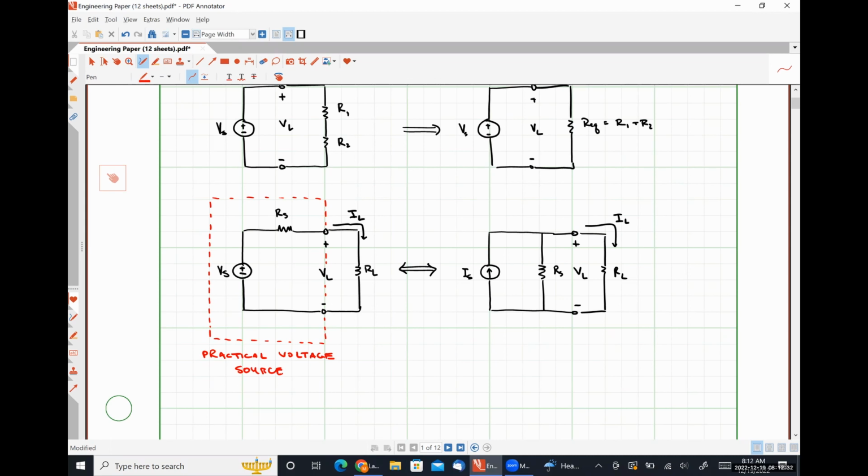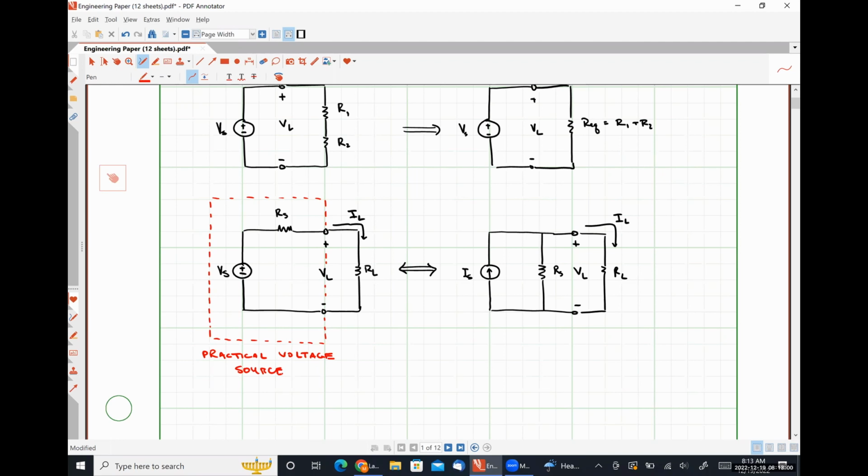So to this point, we've said that any DC voltage source can be modeled with an ideal independent voltage source. Now, there is a slight problem with that. An ideal independent voltage source is capable of pushing out an infinite amount of current, regardless of what the voltage drop across its terminals is, okay?